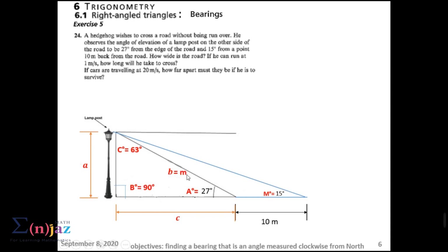So B is equal to M. Now, this angle, if I name it N, how can I find the value of N? As you can see, N and A are angles on a straight line. Angles on a straight line add up to 180. So if I subtract 27 from 180, I will find N as 153.